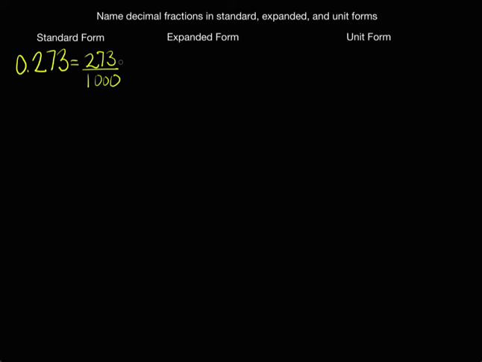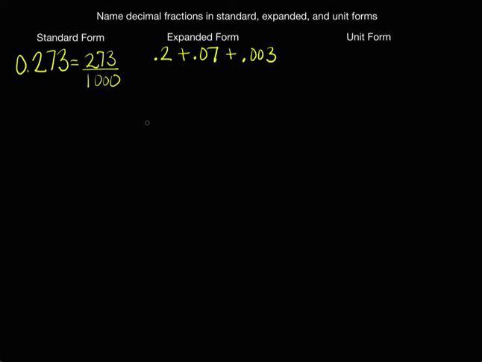Now, expanded form is when I'm taking my number and I'm going to basically stretch it out, and represent each digit in my number. I can even find different ways to write it in expanded form. One simple way would be to write 2/10 plus 7/100 plus 3/1000.